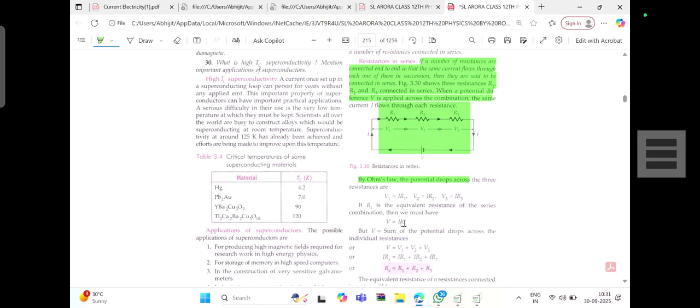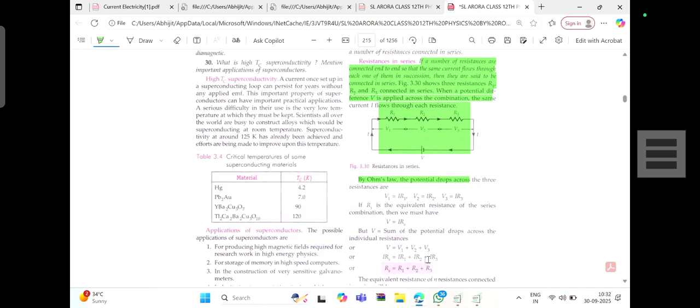I is the current through the RS resistance, but V is the sum of potential drops across the individual resistances. So V equals V1 plus V2 plus V3. That means I RS equals I R1 plus I R2 plus I R3.